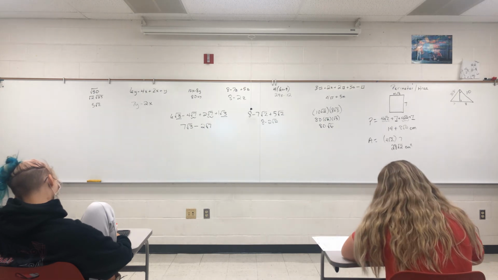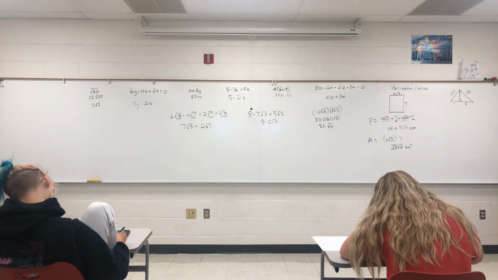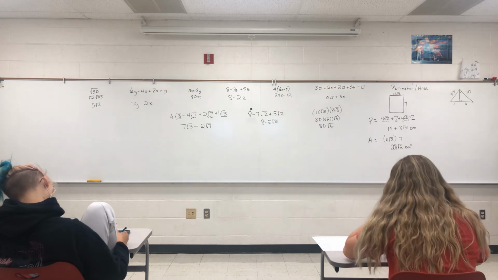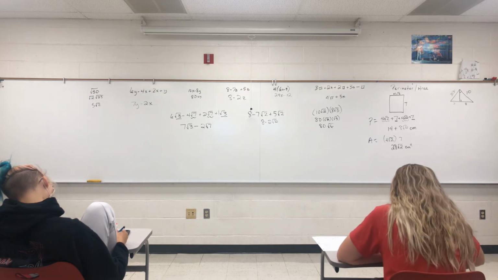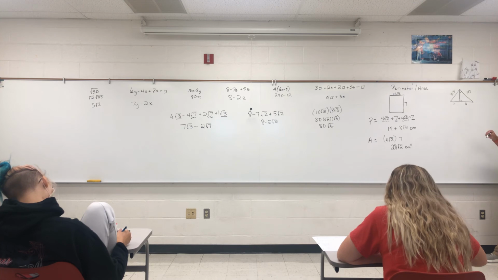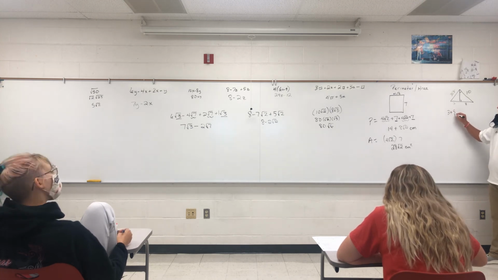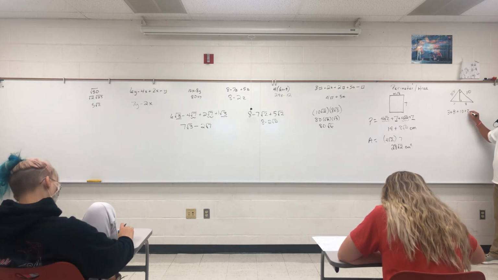So I want you guys to now, what would I do to find perimeter? We're still doing this one together, then I'm gonna let you do the next two on the bottom by yourself. What would we do? Add. We would add all three parts together, right? We would add 3, 8, 10, and the 3 square root of 5, wouldn't we?